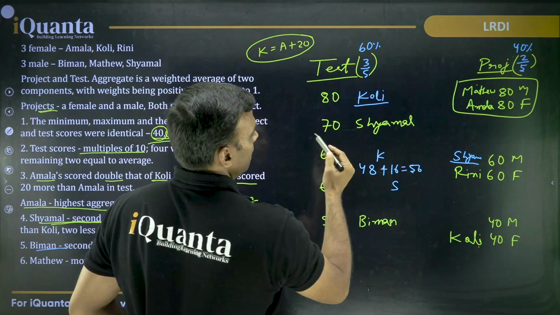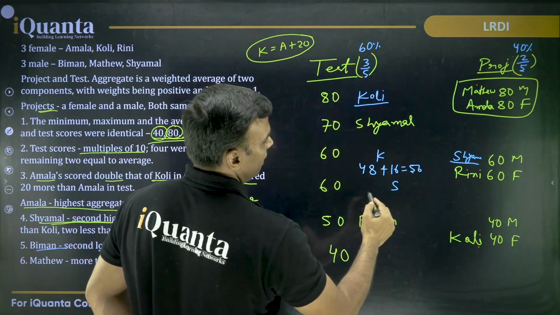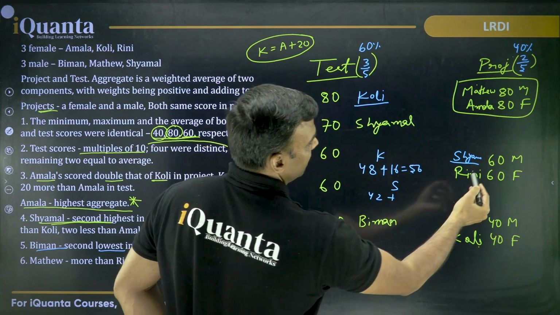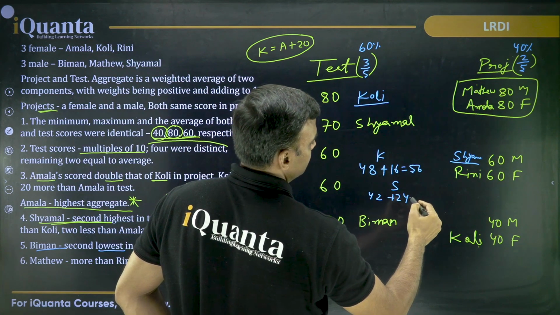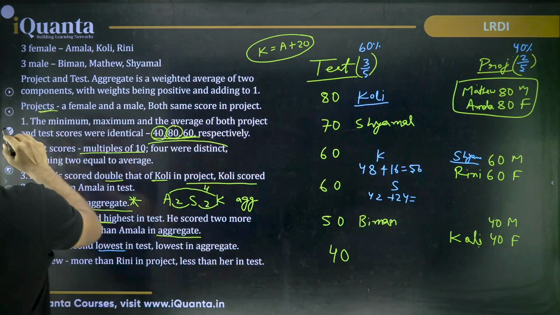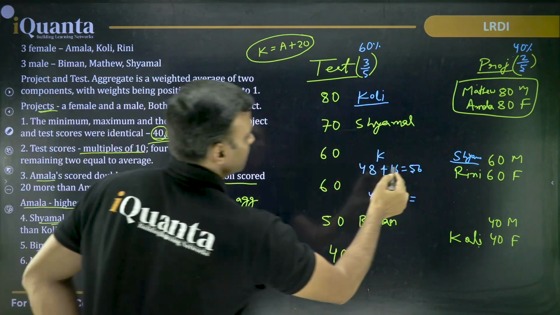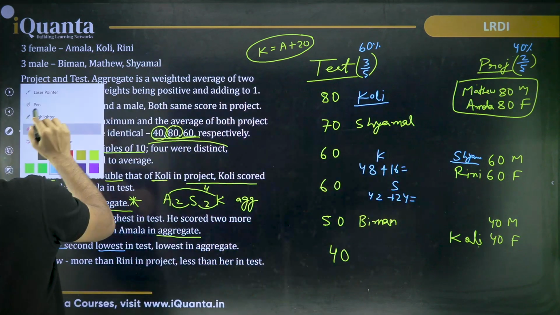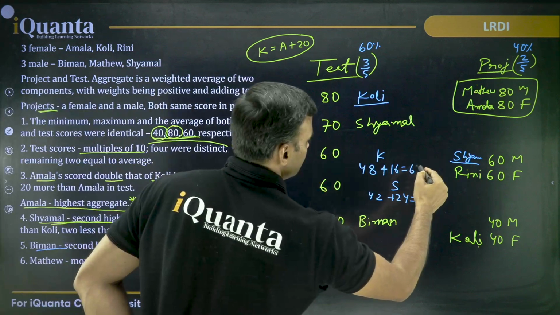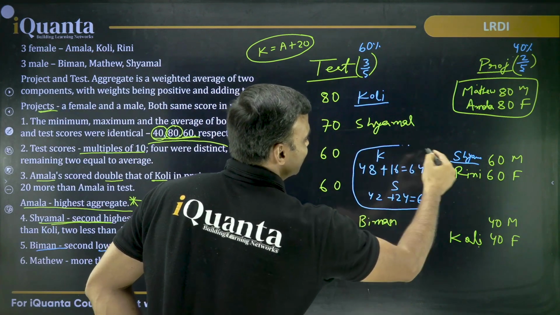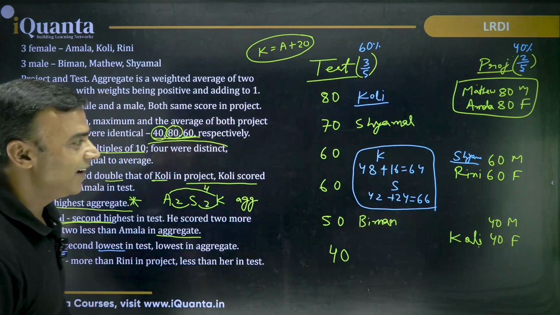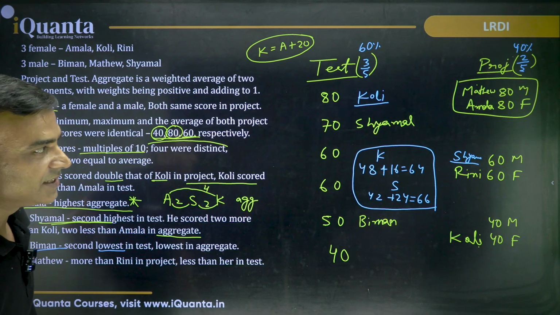Shamal will be 70, 60%, that is 42. And here 60, 40%, that is 24. 48 plus 16 is 64, and 42 plus 24 is 66. Oh wow, the first case itself is valid.